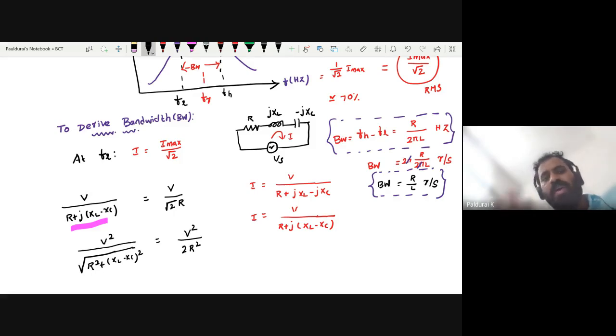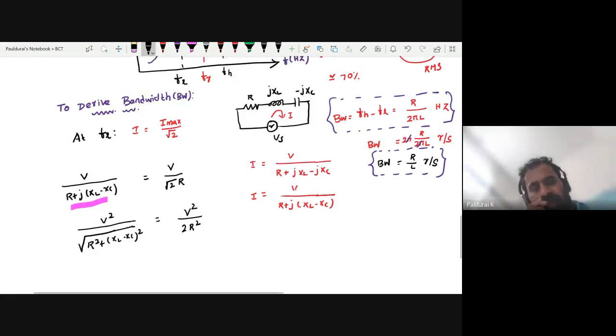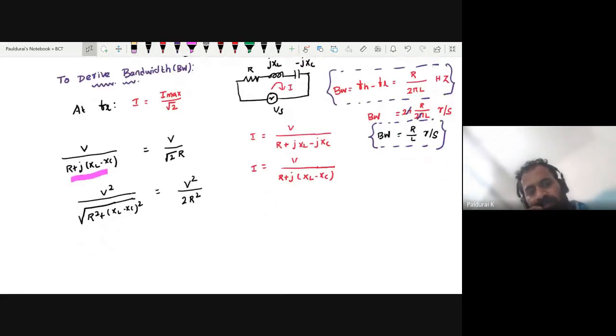Okay, squaring both sides. First, do one thing: take the magnitude alone, V divided by, then we will square. Otherwise you will be confused. So first take the magnitude.